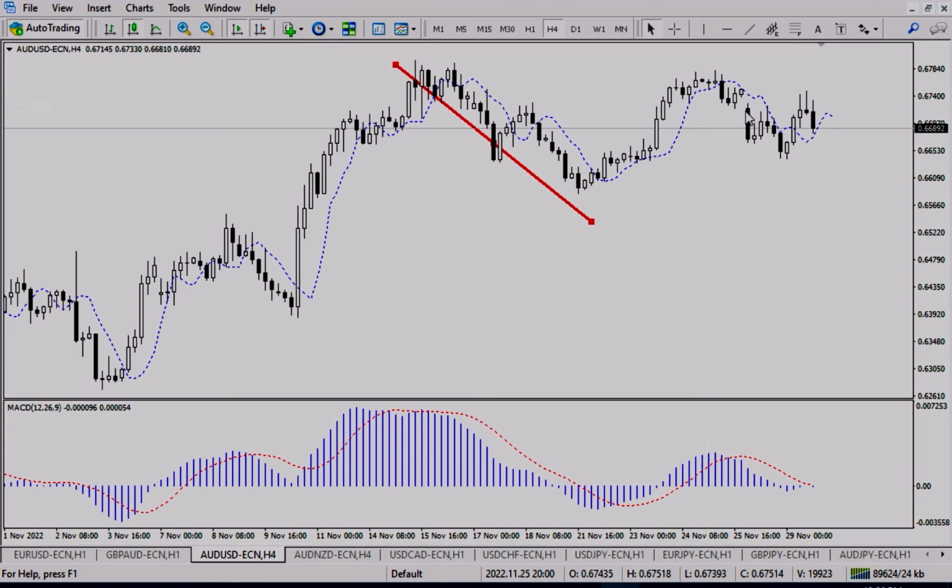I use MACD on 4-hour time frame to understand if my trade is not against MACD. So with this move to the downside, histogram already crossed below this MACD line. So you can consider this point as a crossover to the downside, which can be the beginning of a downward swing.